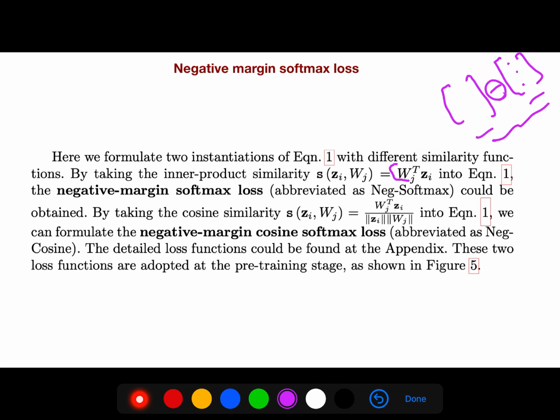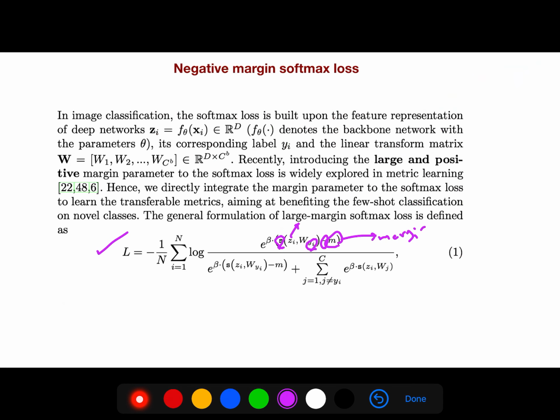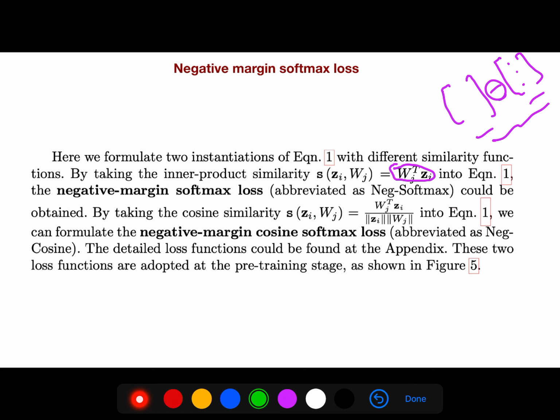Here they just use the dot product of two vectors instead of subtracting them. There are many different ways to create a kind of similarity. But this is not the main point of this paper. The main point is that we are using margin. So in this previous slide, we are using negative, minus m, so that we are creating a margin for that.